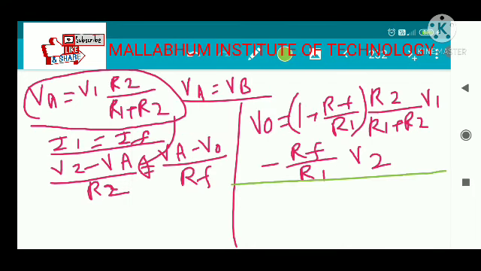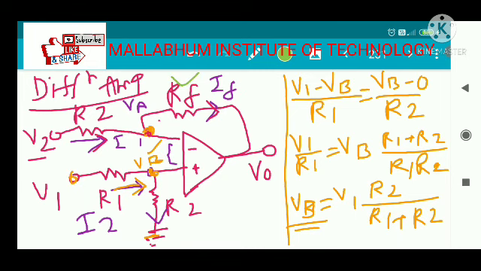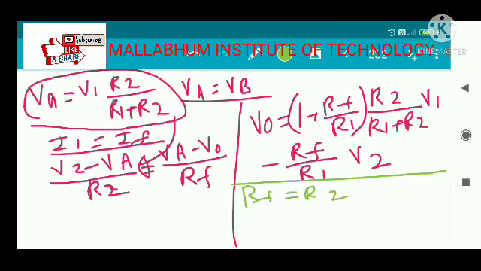Next, put RF equal to R2, this resistance equal to this resistance. Then you will get V0 equal to R2 divided by R1 into (V1 minus V2).